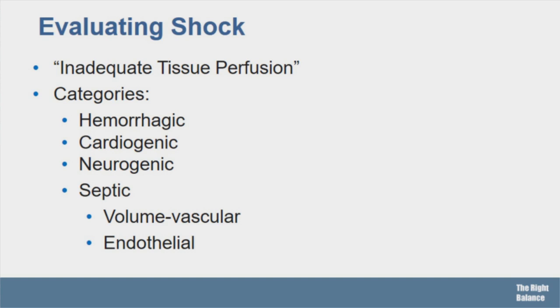And we think about our categories of shock, and we primarily will talk about hemorrhagic, cardiogenic, neurogenic, septic shock, which is at first glance a volume vascular shock, and later is an endothelial shock that ultimately leads to cardiogenic shock. So you move through all kinds of different shocks with sepsis. And we remind ourselves that the word distributive shock is explanatory for sepsis, for neurogenic, for anaphylaxis.